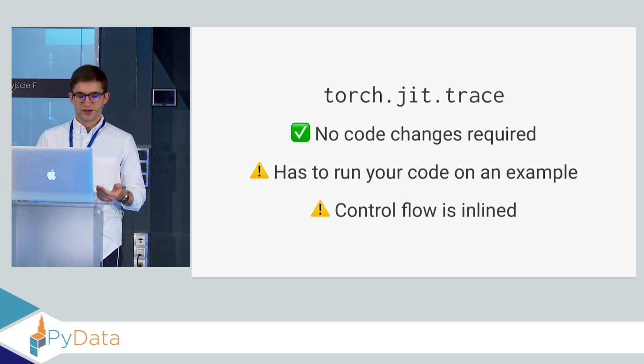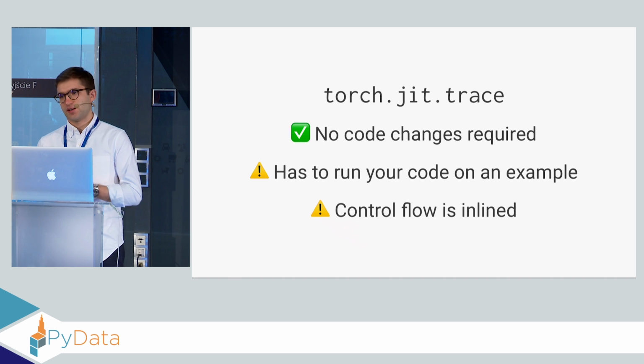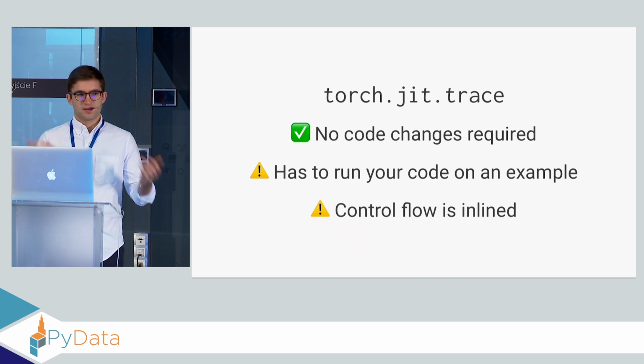And unfortunately, since we're not inspecting the source, there's no way for us to warn you that we're losing some kind of information. If you use trace, you're asserting to yourself that it is a valid thing to do. As I said, there are a lot of warnings here, but oftentimes this is really what you want.